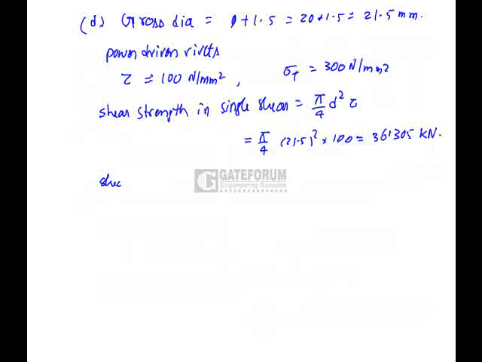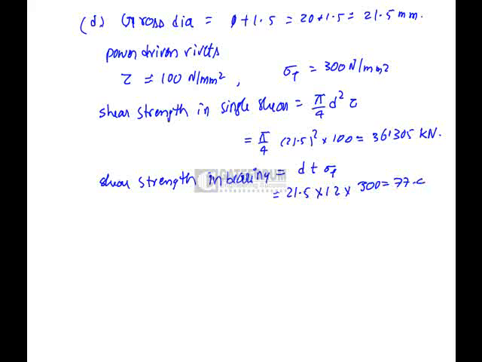Same way we will calculate the strength in bearing, that is equal to d t into sigma normal stress. d is 21.5, t is 12, into 300, that is equal to 77.4 kilonewton.